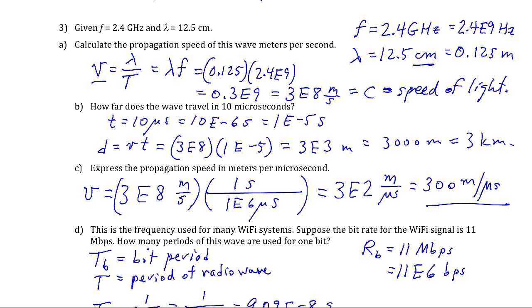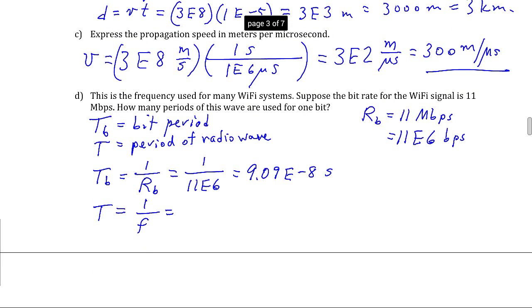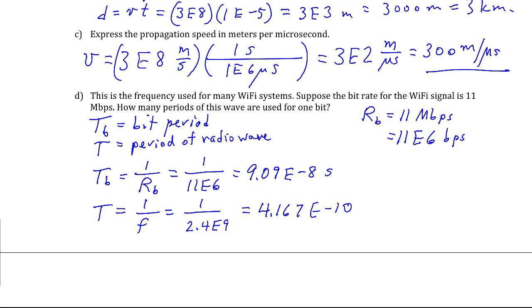So I'm going to go ahead and plug in 1 over 2.4 times 10 to the 9th hertz, and I hit the 1 over X button on that. And I get 4.167 times 10 to the minus 10. So the period of the wave is quite a bit smaller than the bit period.